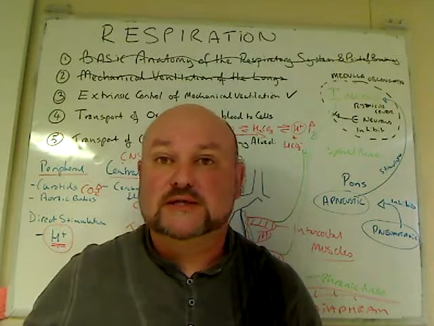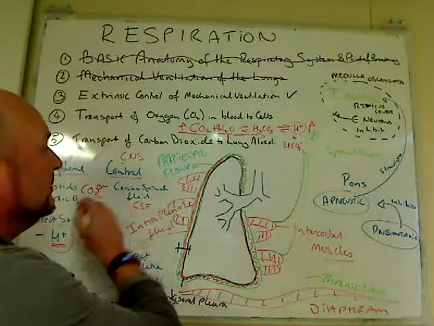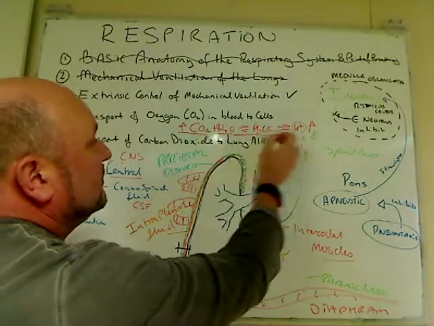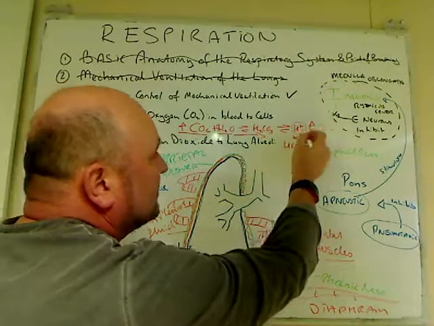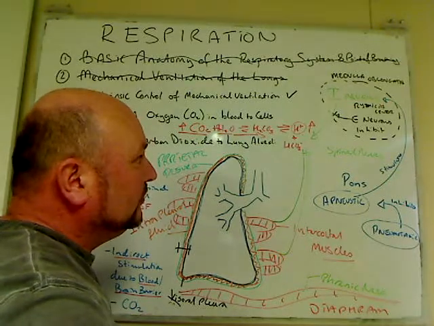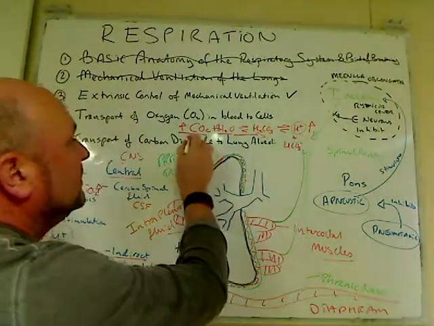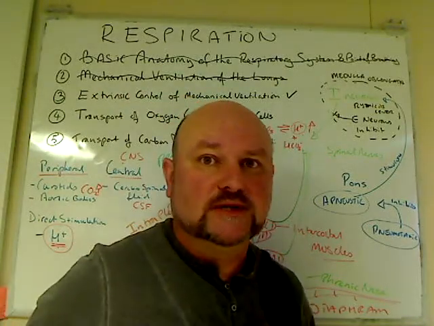One of those things is hydrogen ions. So in the periphery it's fine, but as this is going up here, that will not necessarily be directly crossing into the cerebrospinal fluid. But what can cross is carbon dioxide, because it's a gas and it can cross the membranes.